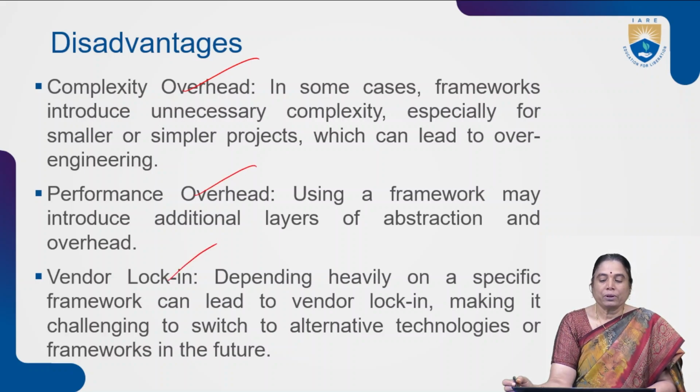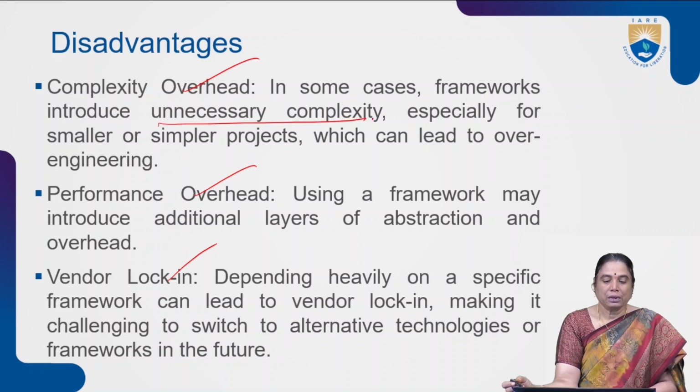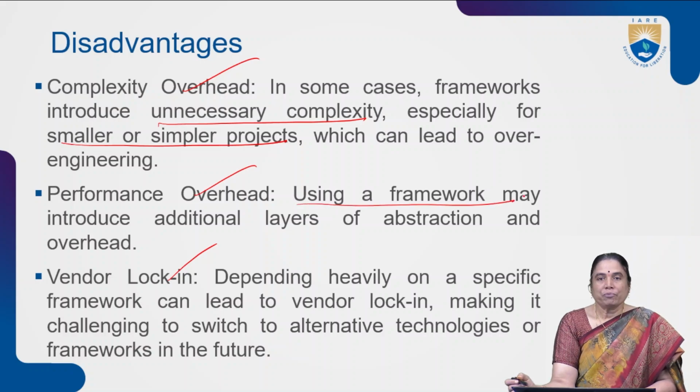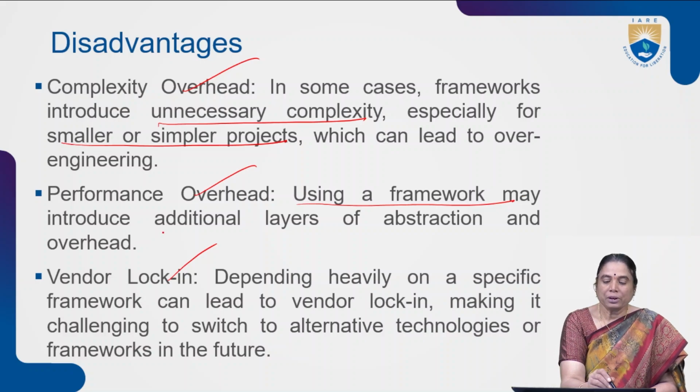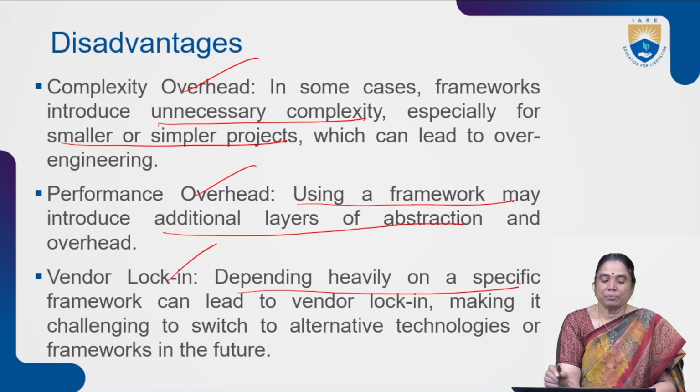Complexity overhead introduces unnecessary complexities, especially for smaller and simpler projects, which can lead to over-engineering. Performance overhead is that using a framework may introduce additional layers of abstraction and overhead. In case of vendor lock-in, depending heavily on a specific framework can make it challenging to switch to alternative technology and frameworks in the future.